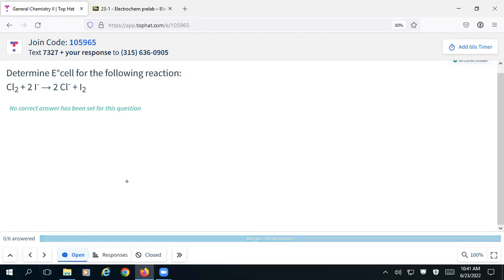So you're going to need your reduction potential tables either from your textbook or in the appendix tables that are posted online. So go ahead and grab those if you can and come back and we'll talk about this in a few minutes.